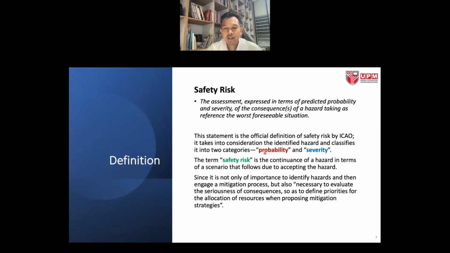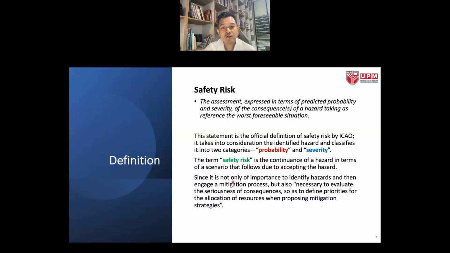So in terms of the risk assessment method, we have a range of probability. Is it 1, 2, 3, or 5? In terms of severity, is it very bad, 5, or number 1, it is less severe? Okay, so the term safety risk is the continuance of a hazard in terms of a scenario that follows due to accepting the hazard.